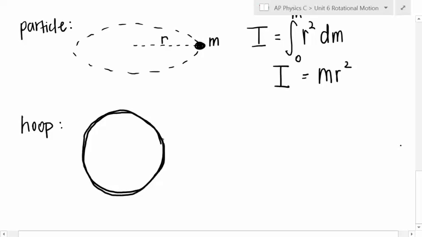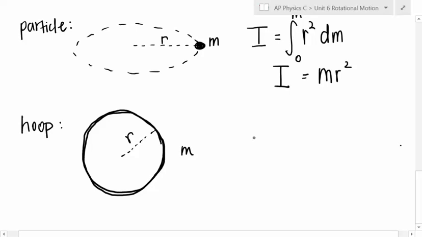So you have the same mass as the particle up here, but it's just smeared out to make a circle, basically. So the whole mass is still M.